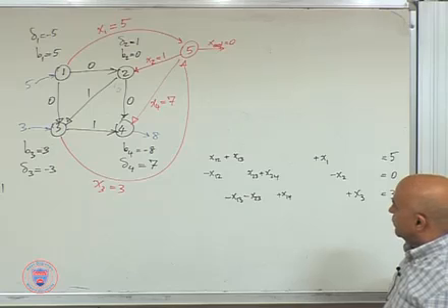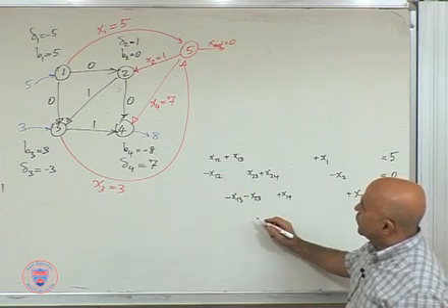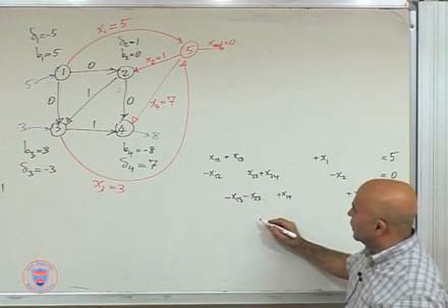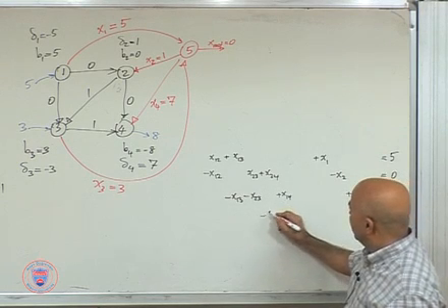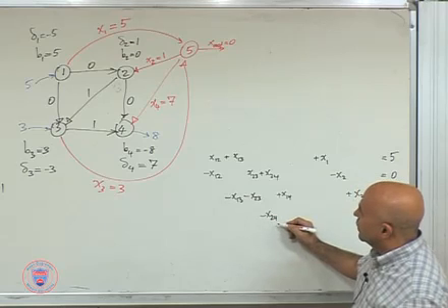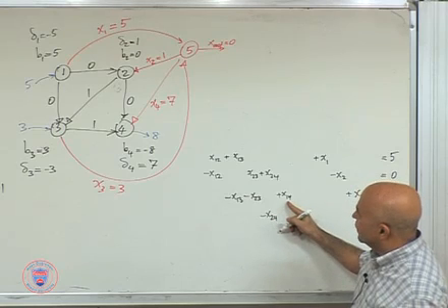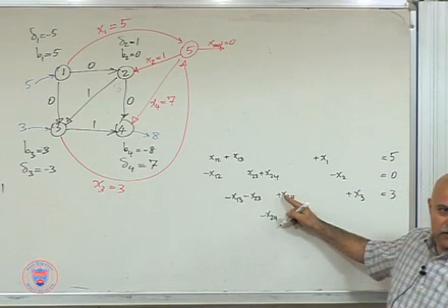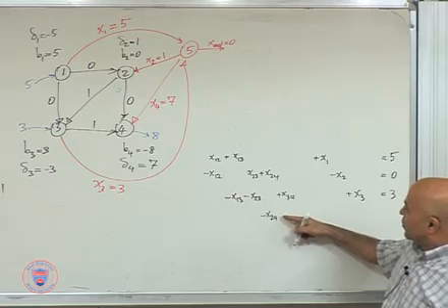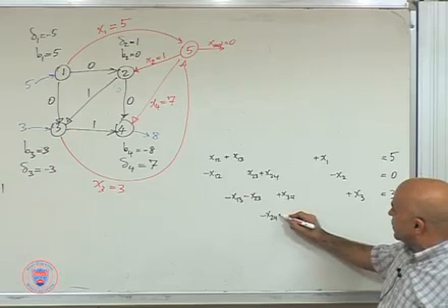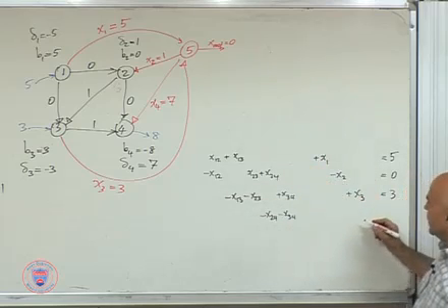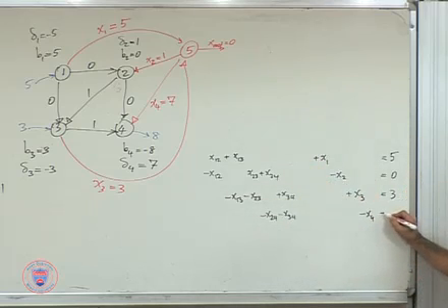The next one, outflow of nothing and inflow of x24, so minus x24. What is this x14? This is x34, sorry. Yes, please change that. Thanks. All right, so minus x24 minus x34 and another minus x4 is equal to minus 8.